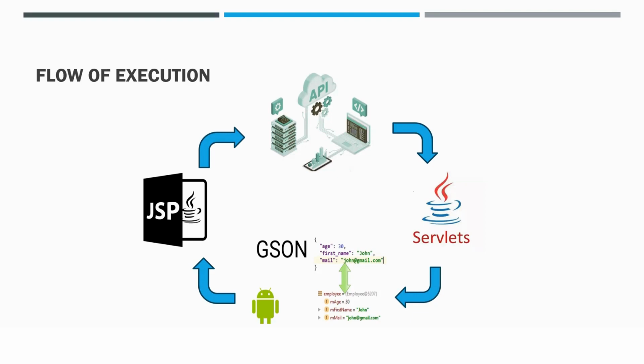From JSP, it gives our message to an API, what we have considered in the public APIs. We need to use a library called Gson. And I will show you what exactly Gson is as well.